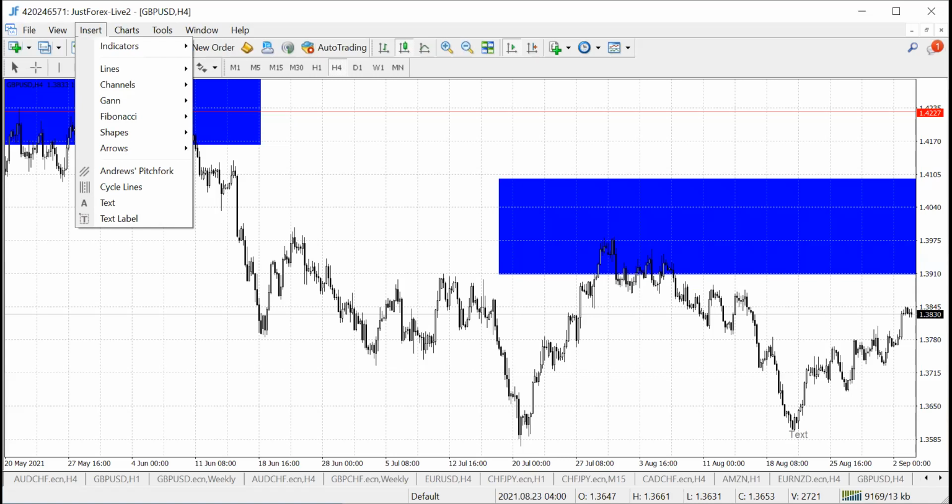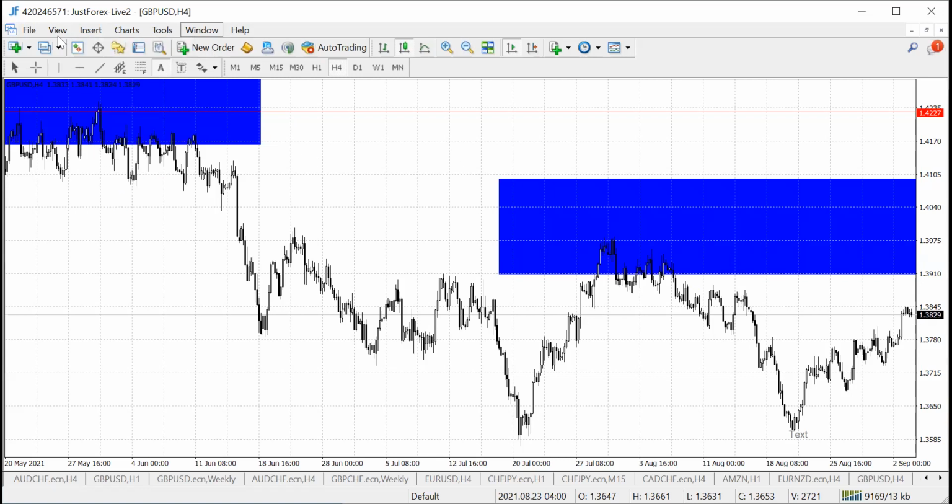Then again, you can place a sell stop from the same point, just below this particular zone, at 1.3806. That's after the news.